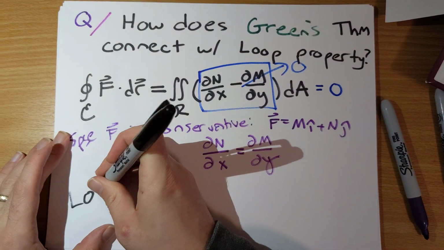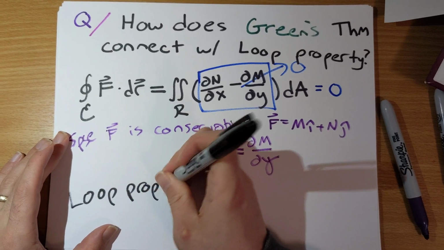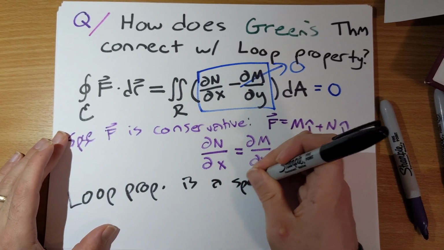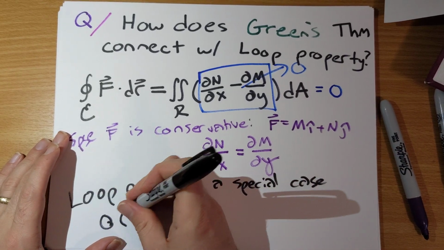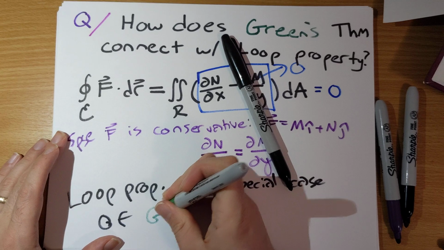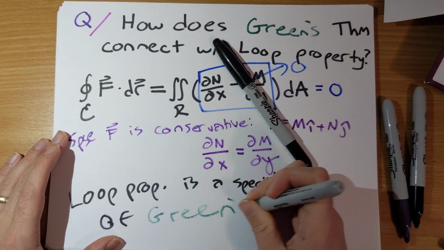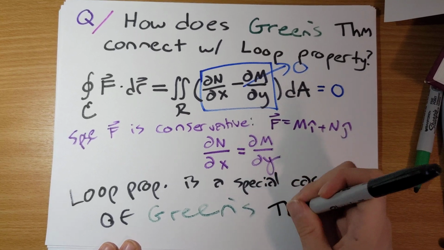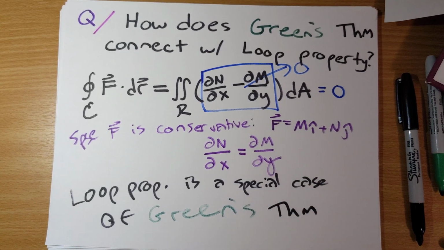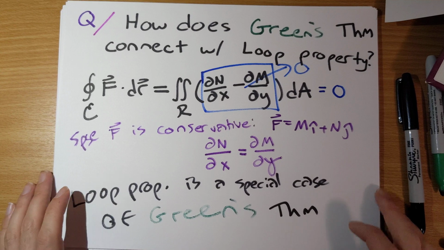We would say that the loop property is a special case of Green's theorem. It's a mighty sorry looking green, but I hope you've been appreciating my effort into color fidelity there.